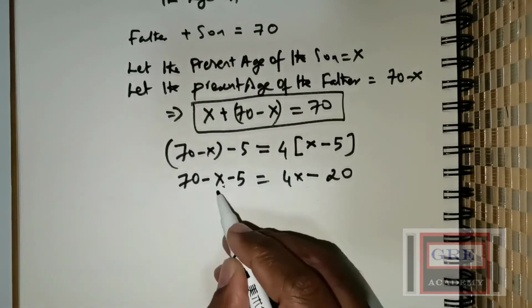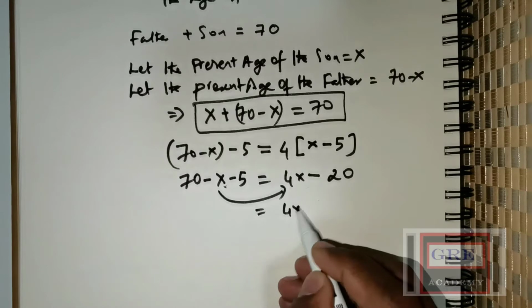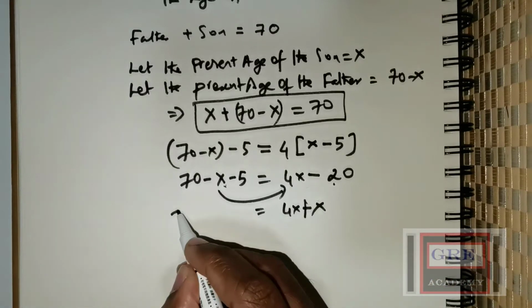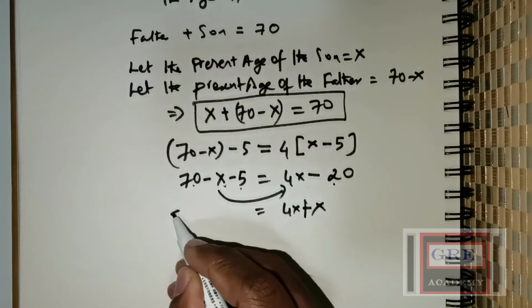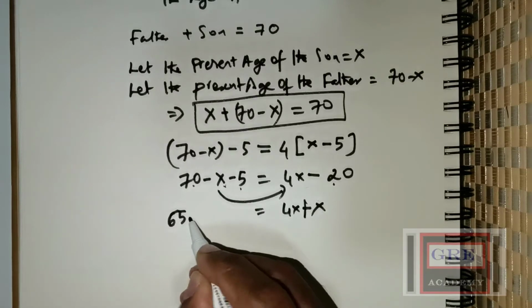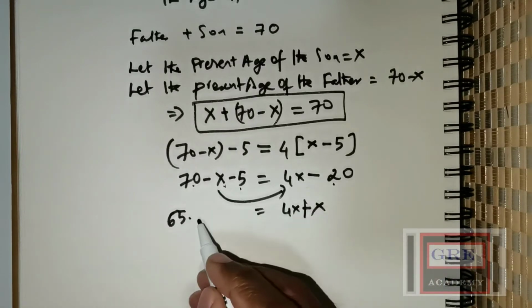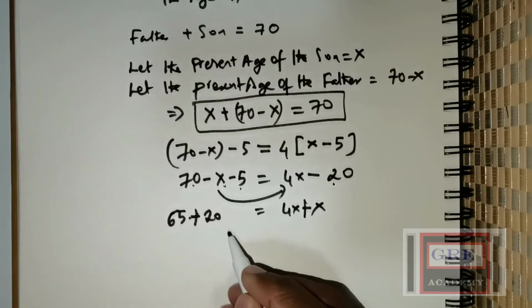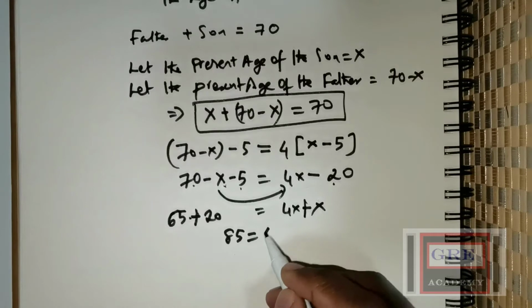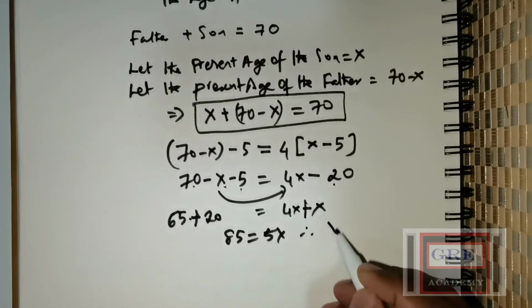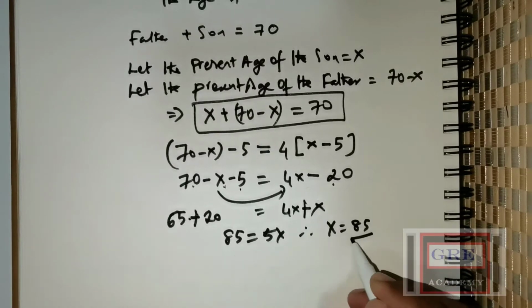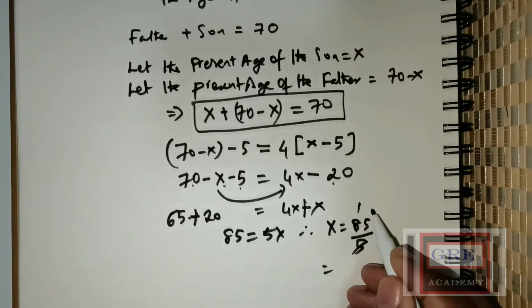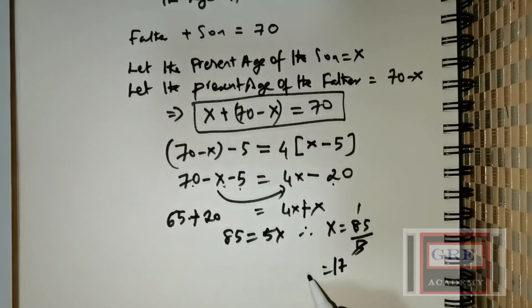20. I move the x to this side. I would get 4x positive x here, and this would be 70 negative 5 would give me 65. I move the 20 to this side, so that would be positive 20. I would have 85 is equal to 5x. So therefore x is equal to 85 by 5. 5 divides 8 one time, 3 is there, that gives me 17.